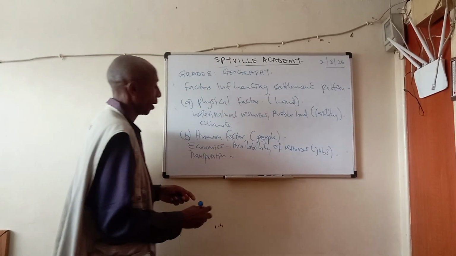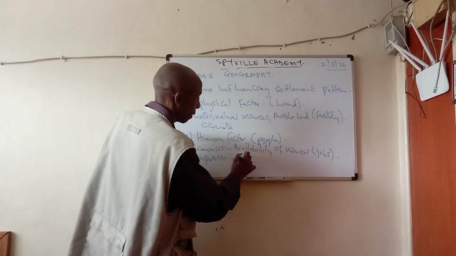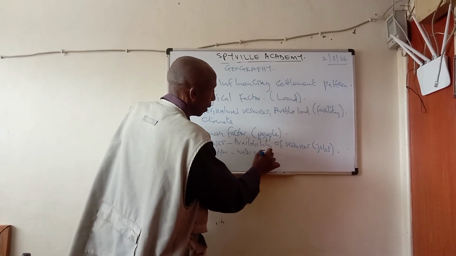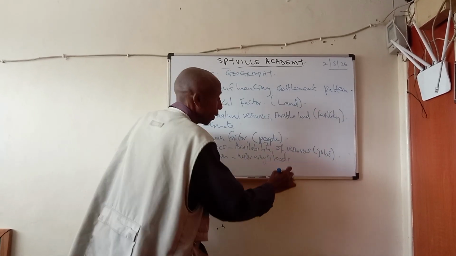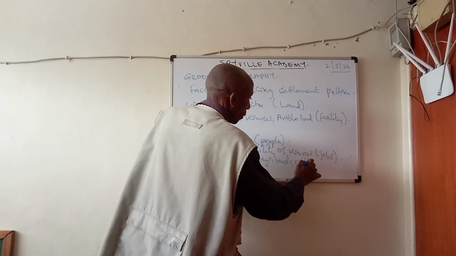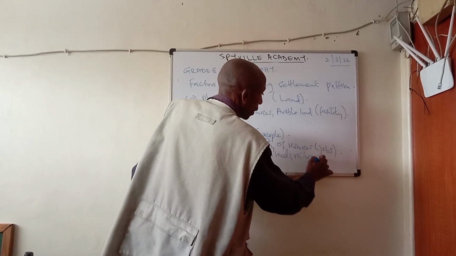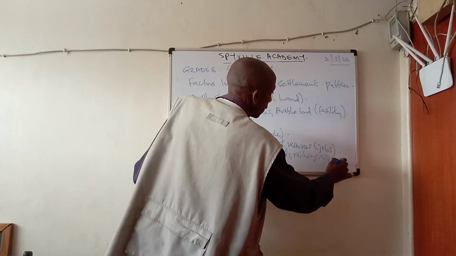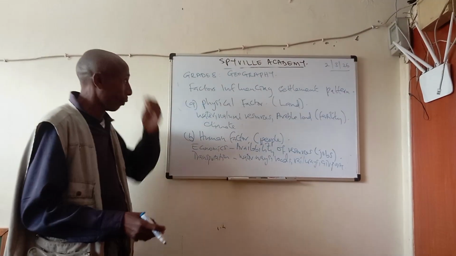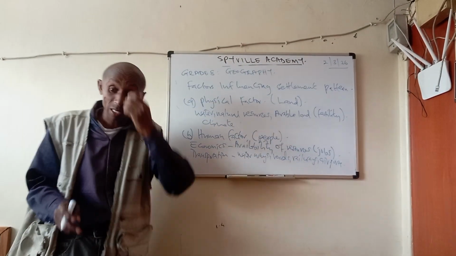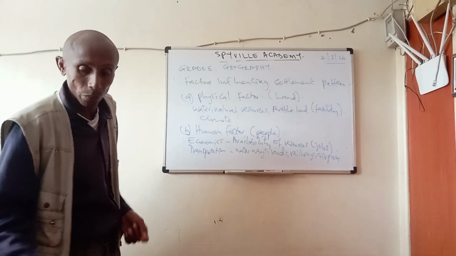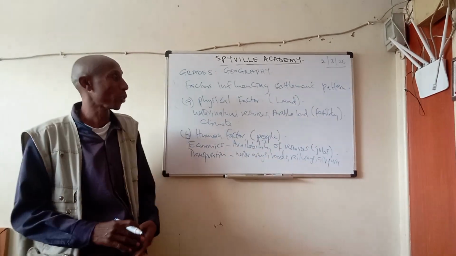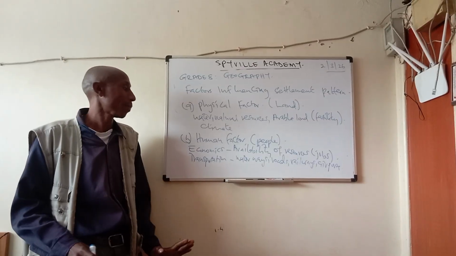Transportation has something to do with waterways, roads, airways, and even airports. So all these influence the settlement pattern in a given area. So economics is overall something to do with the availability of jobs.